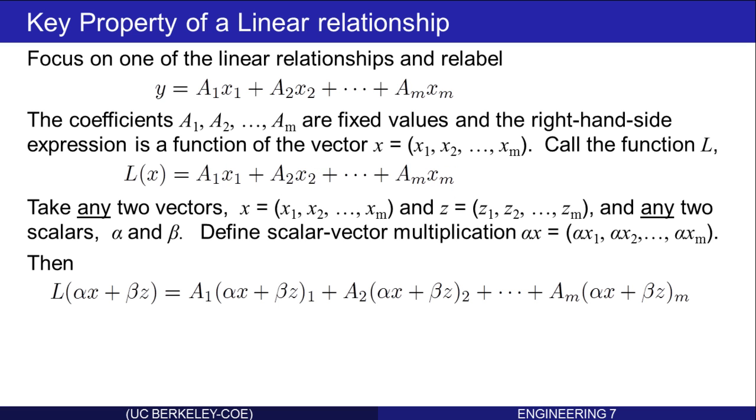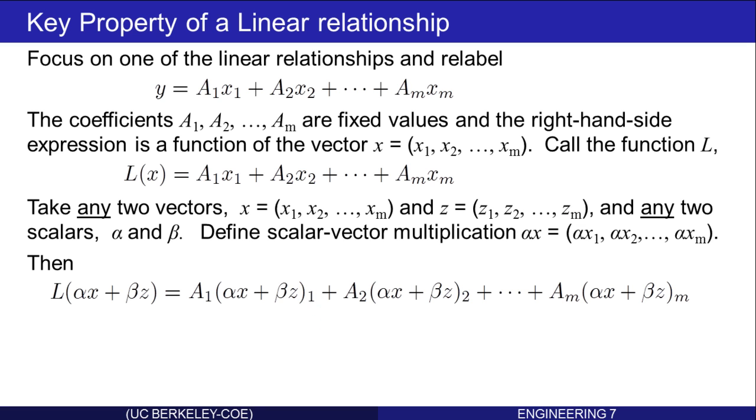Let's write that out. Here is A1 times the first component of the vector alpha x plus beta z plus A2 times the second component of the vector alpha x plus beta z, and so on. What is the first component of alpha x plus beta z? Well, it's the first component of alpha x, which is just alpha x1, plus the first component of beta z, which is just, by the same reasoning, beta z1.